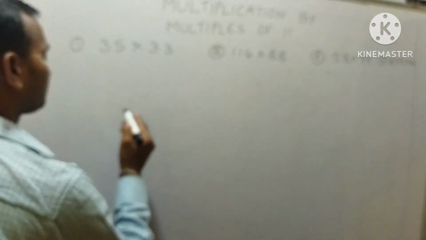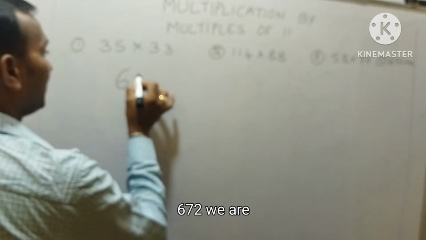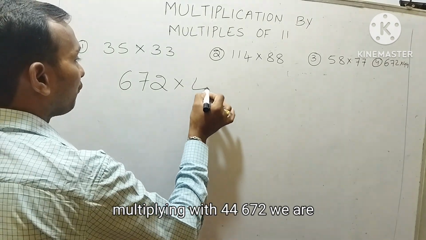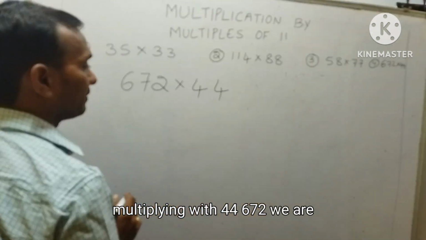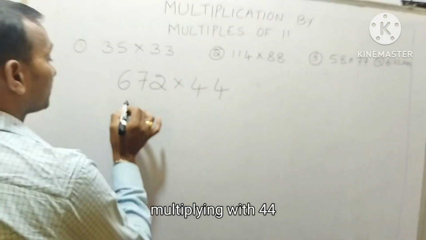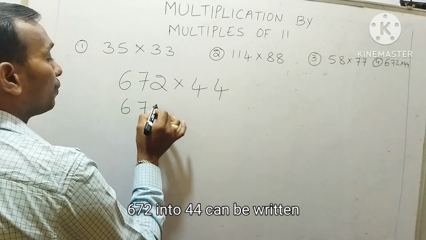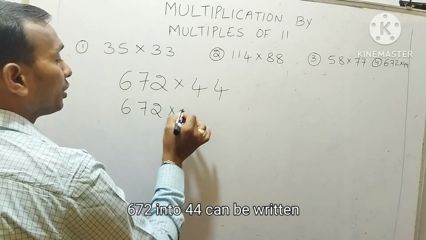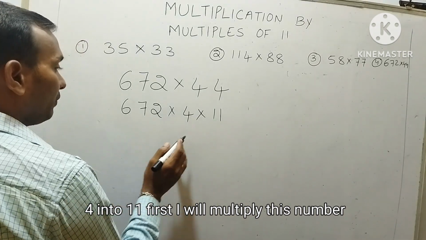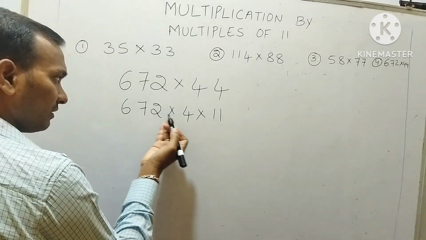Last one more question. 672 we are multiplying with 44. 672 into 44 can be written as 4 into 11. First I will multiply this number with 4.